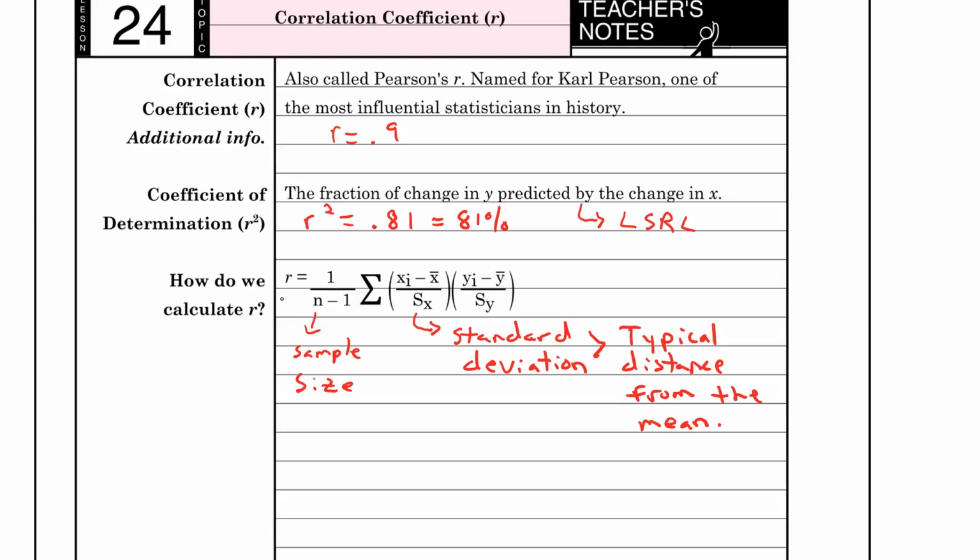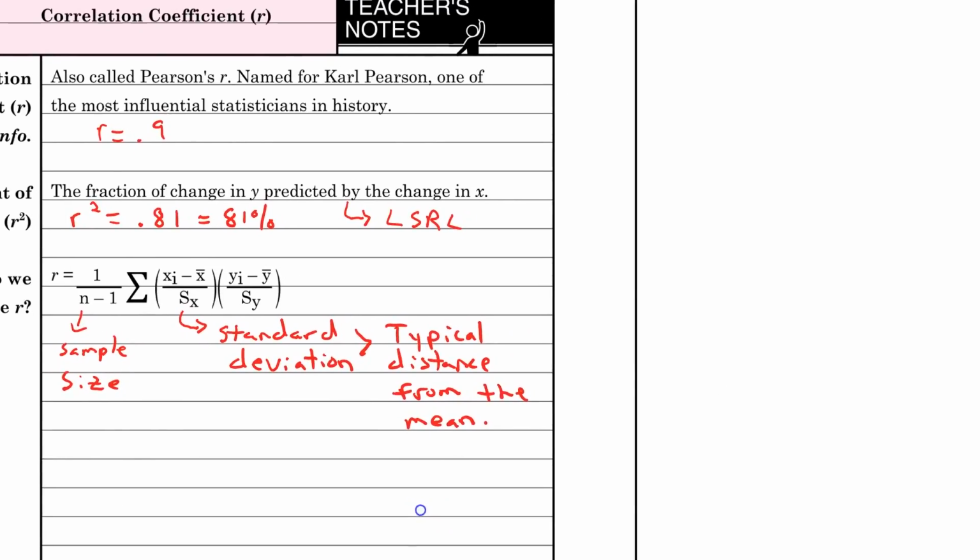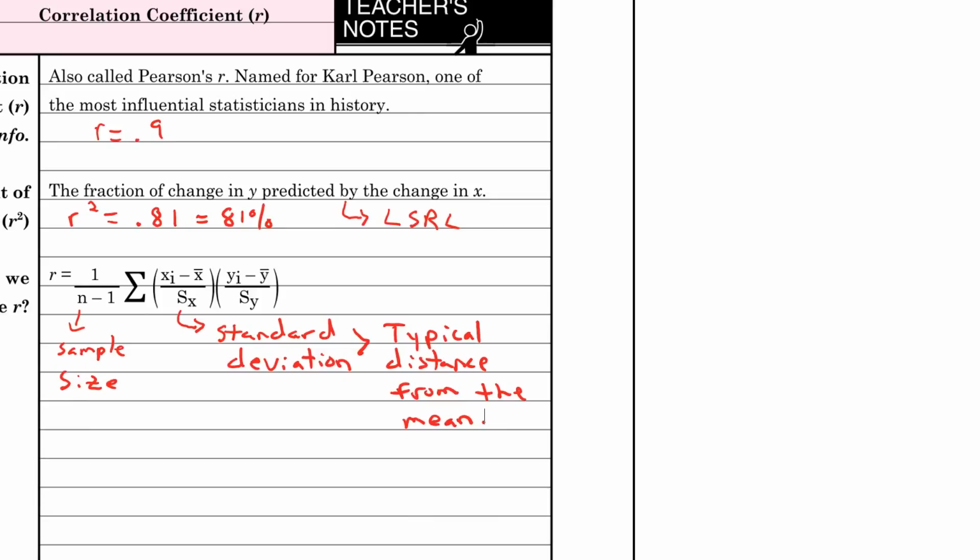All right, let's examine one set of data. Let's say we have a perfectly linear situation, x and y. Let's say x is 1, 2, and 3. The corresponding y's are 4, 6, and 8.